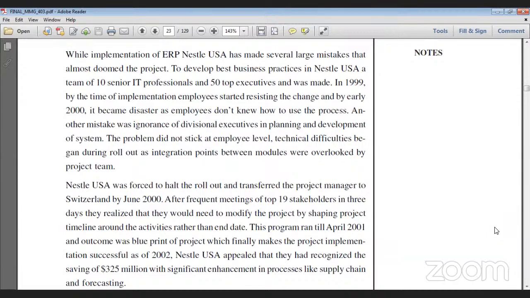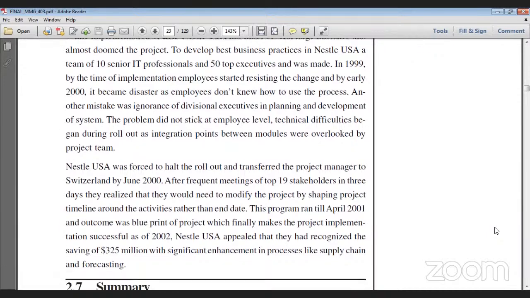As of 2002, Nestle USA reported that it had realized savings of $325 million, with a significant enhancement in processes like supply chain and forecasting.